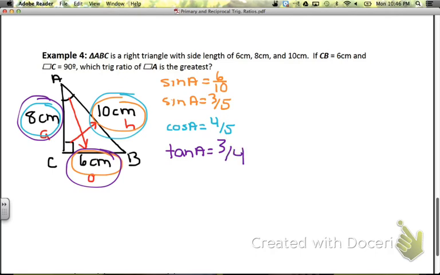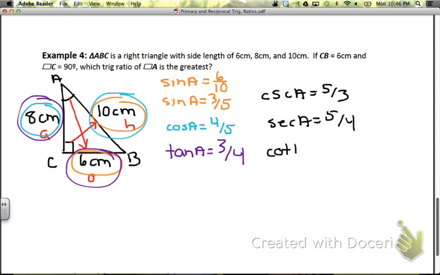Now, since the reciprocal trig ratios are just the opposite of the relative primary trig ratios, I can just flip them. Cosecant A is equal to 1 over sine A, so we flip that and it's equal to 5/3. Secant A, flip our cos A, so it's 5/4.